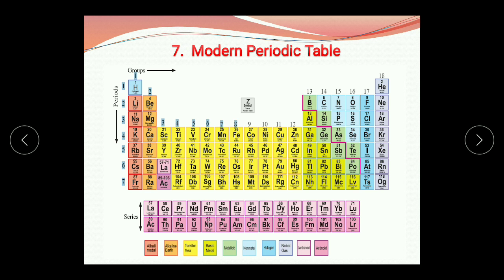One student has a doubt. What are core electrons? Do you understand by that? Core electrons are the electrons which are in the inner shells.